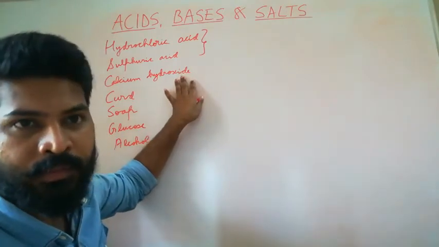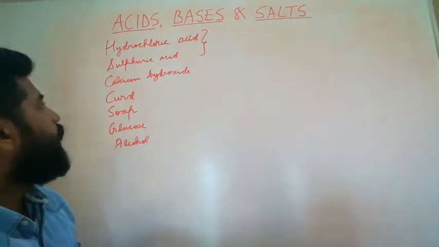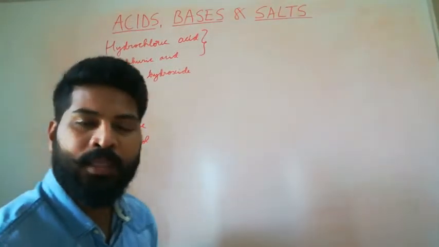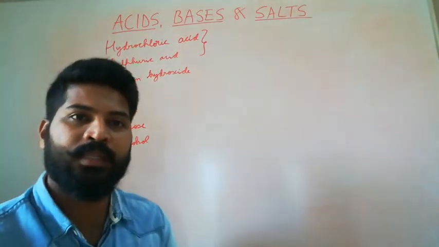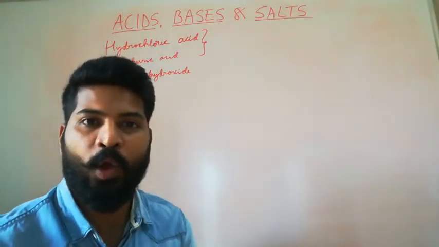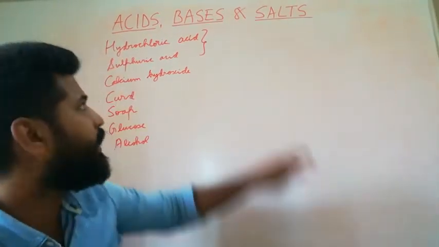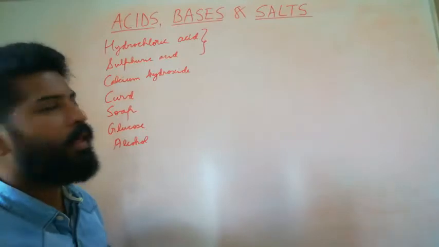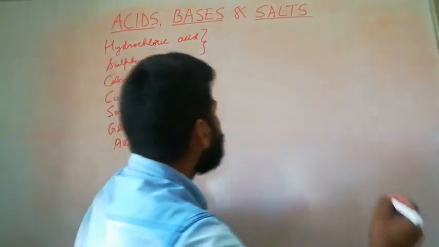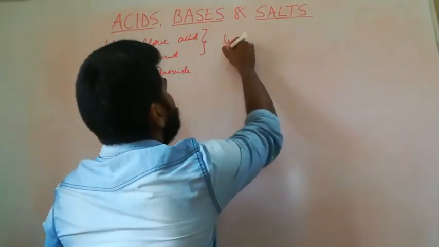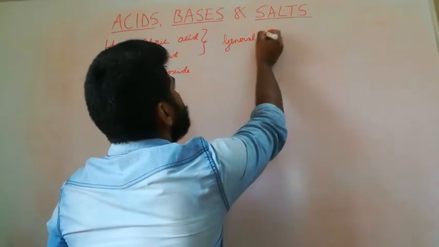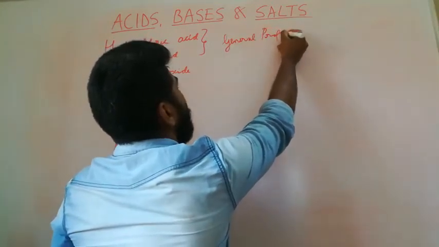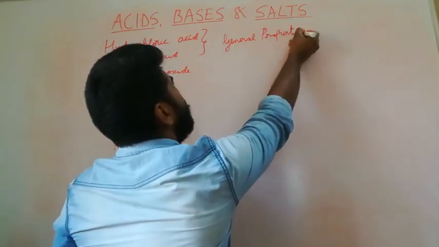slaked lime. So how to find out whether a given substance is an acid or a base if it is not clearly evident? So for that you should know the general properties of acids and bases.